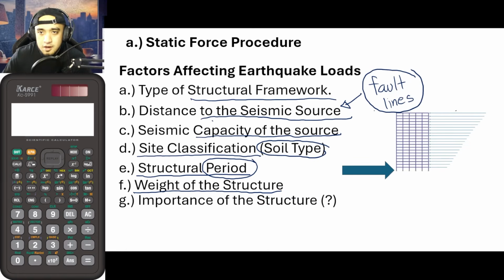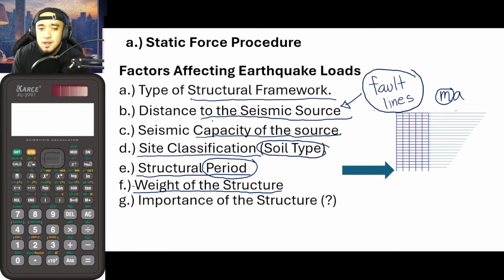As you have heard earlier, story shears would be mass times acceleration. Where would we get mass? That is basically the mass of the structure, and the mass multiplied by gravity, that is basically the weight. Okay, so for letter F, that is weight of the structure. And for letter G, lastly, the importance of the structure.